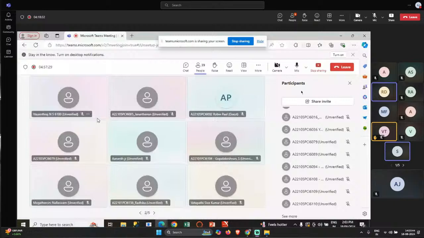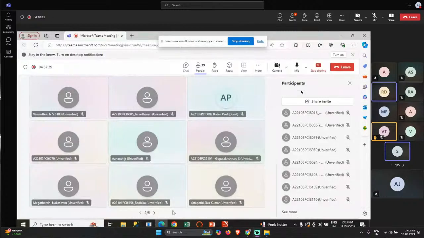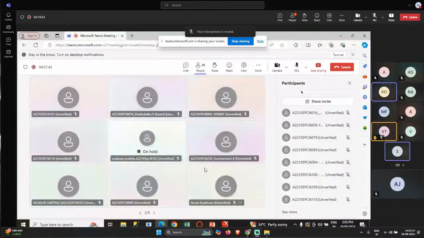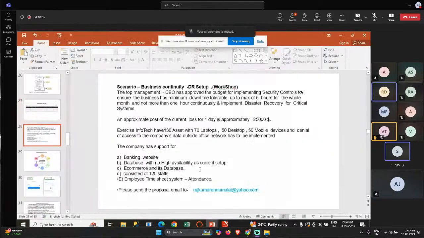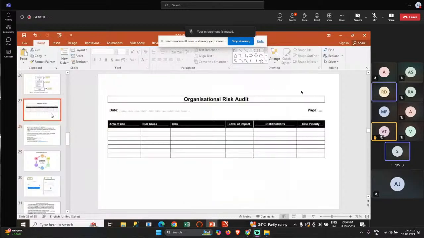Vasant Raja will share the list of risks identified, and Robin Paul can also share the list of risks identified. Aruna Kural Mani will also share, while others can prepare and send it. And for the list of security controls, we can have some volunteers.